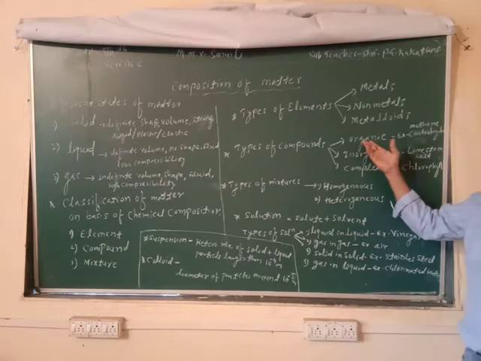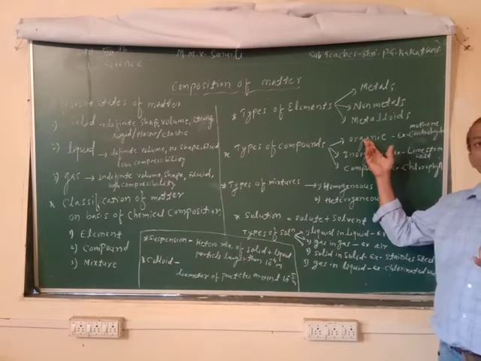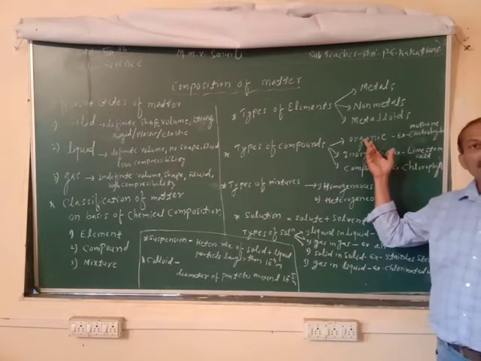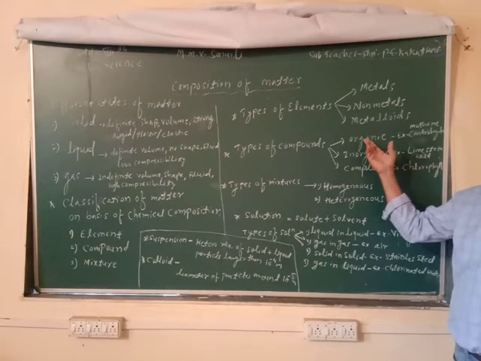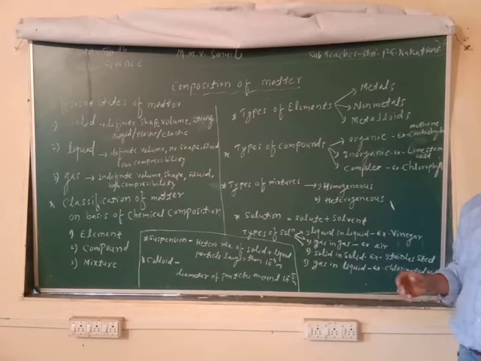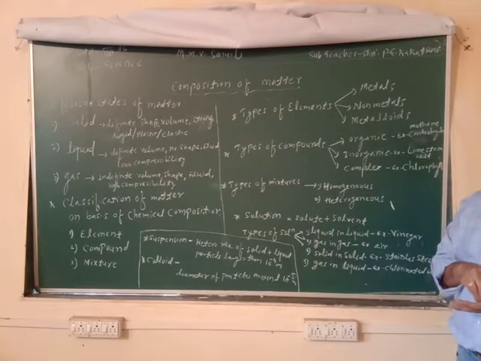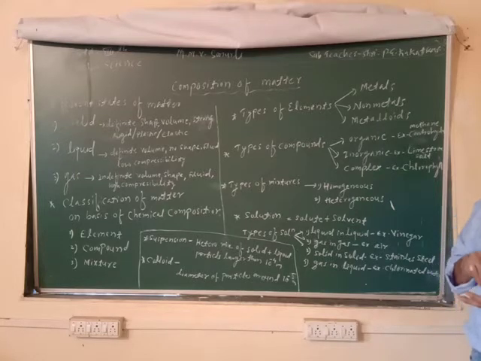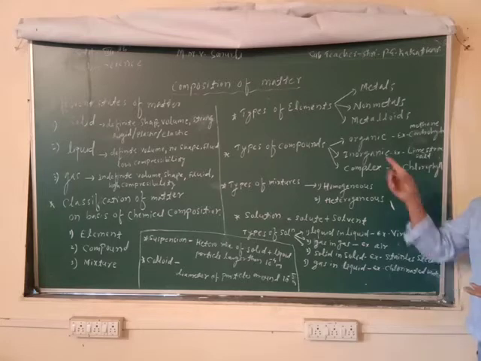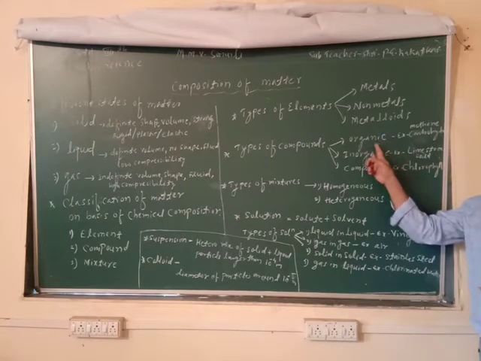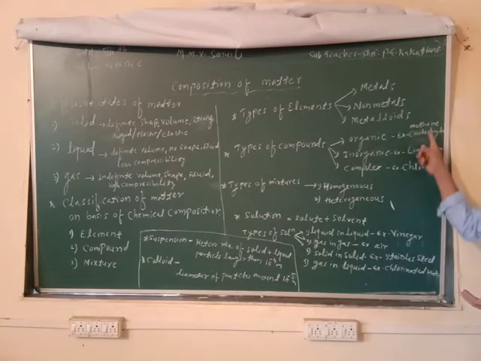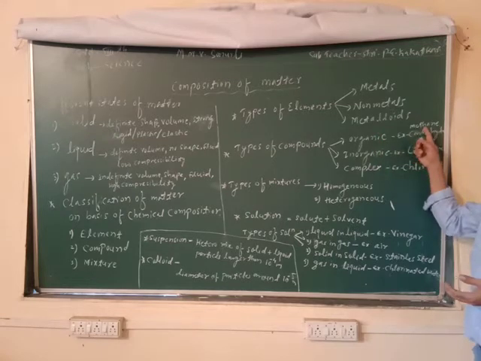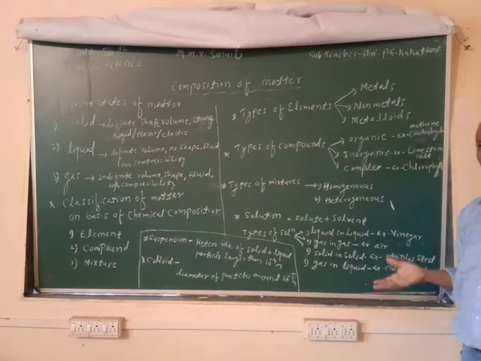If you heat a compound and a blackish residue remains, then that must be an organic compound, because that black residue means carbon, and the compounds which have carbon as the major factor are known as organic compounds. Examples of organic compounds are methane, carbohydrates, proteins.